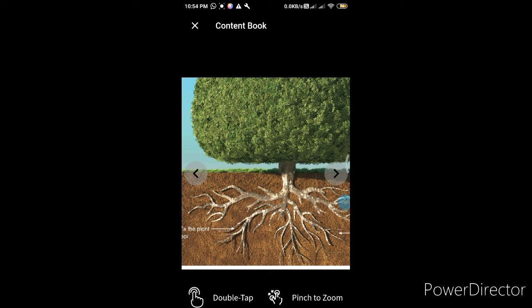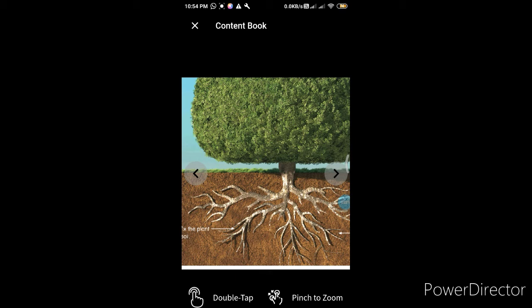You just circle them. And the next question, look at the picture of a root. Write three functions of this plant's root. Which plant is it? Easily you can find out this is the carrot plant. So what functions are carrot plant roots performing? Carrot plant roots are fixing the plant in the soil. That's the first function you can write.